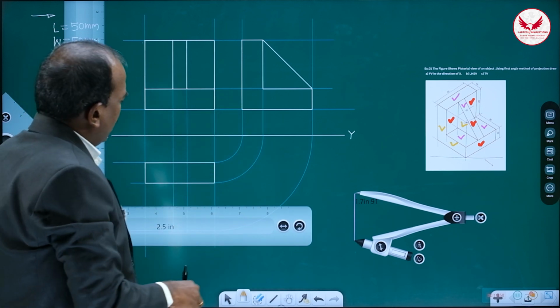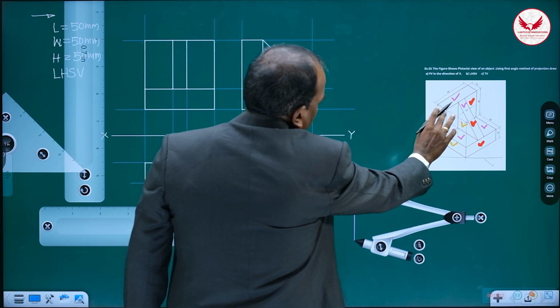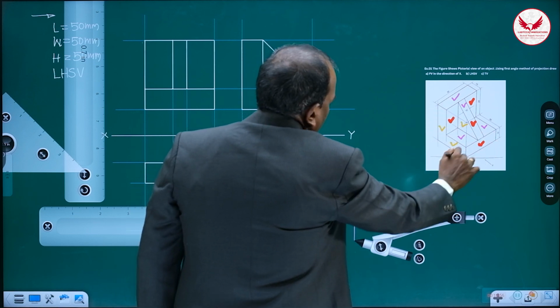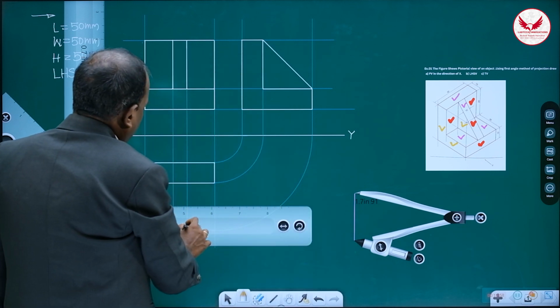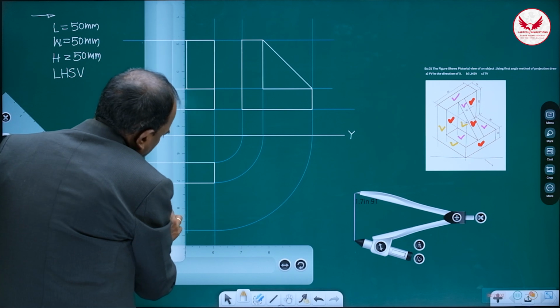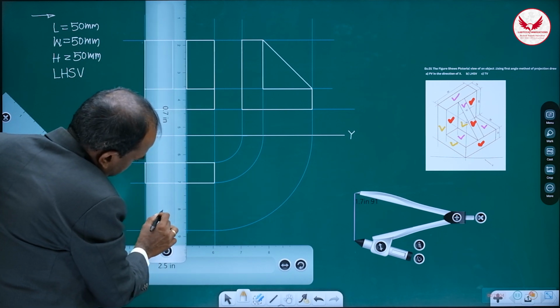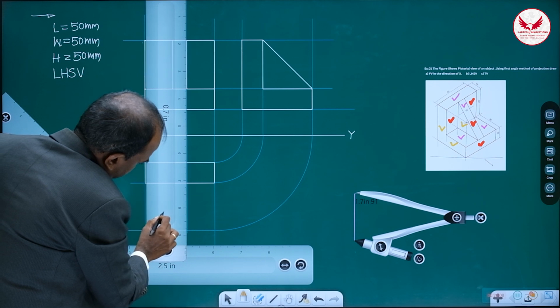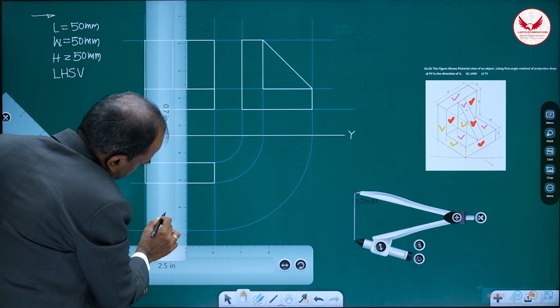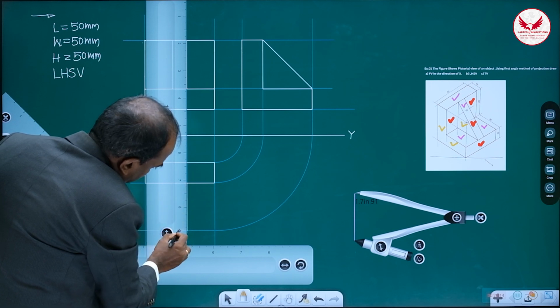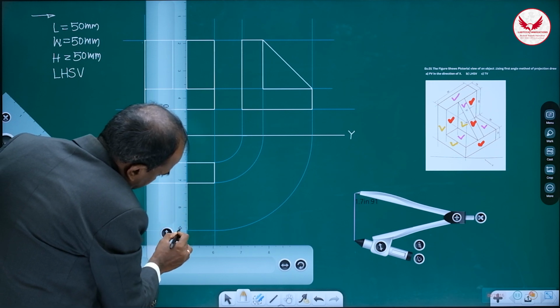Then from the top, the other portion is this rib. Rib is in front of this and up to the last portion. Then how we can draw that also? That rib's thickness is only 10.